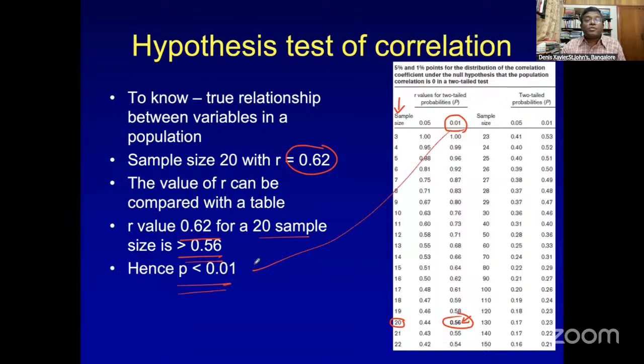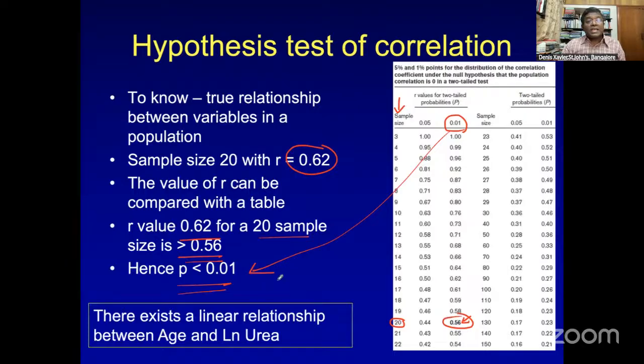So what are we saying? There is a moderate relationship, since more than 0.75 would be strong. Even this moderate relationship is statistically significant. So there exists a linear relationship between age and log normal urea, is the conclusion we make.